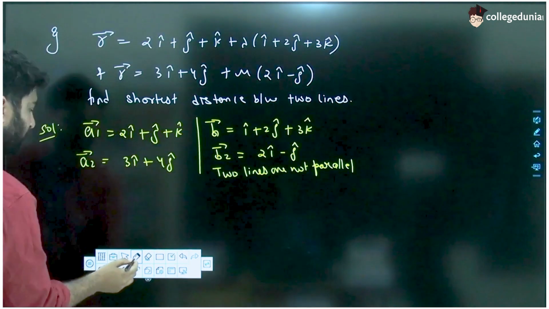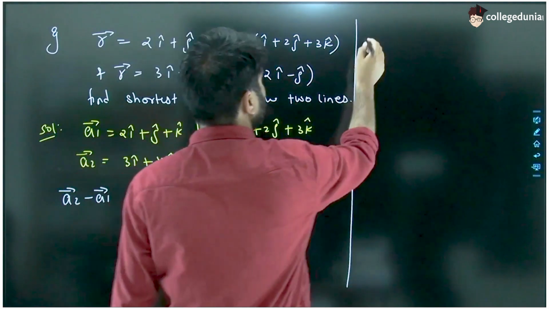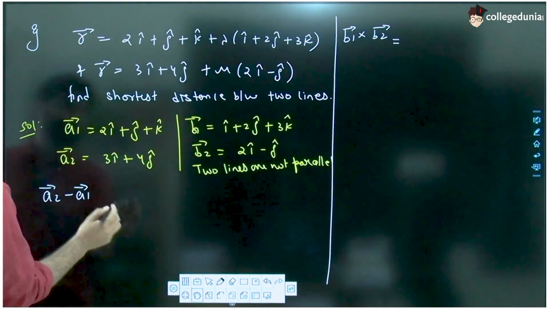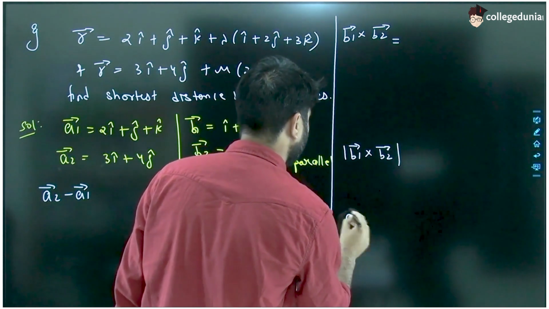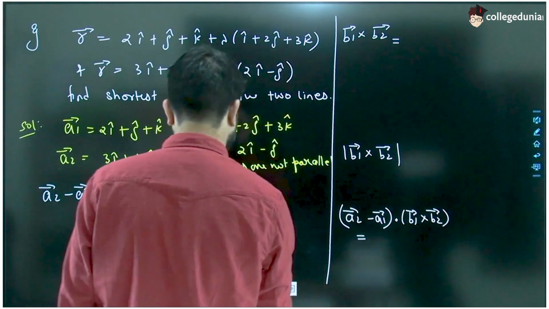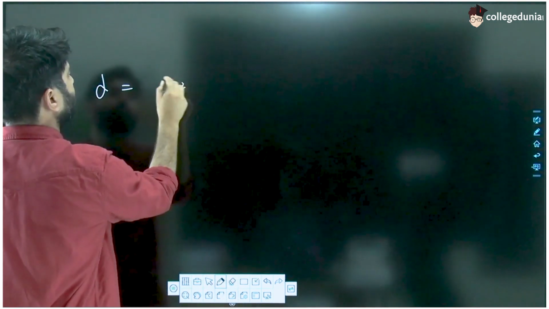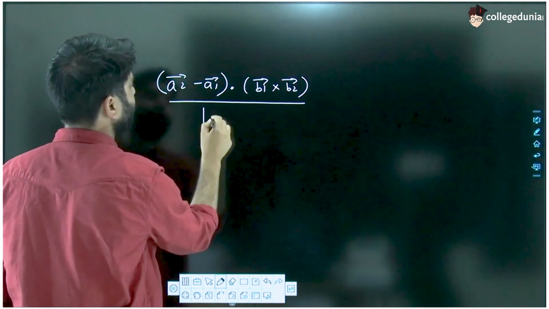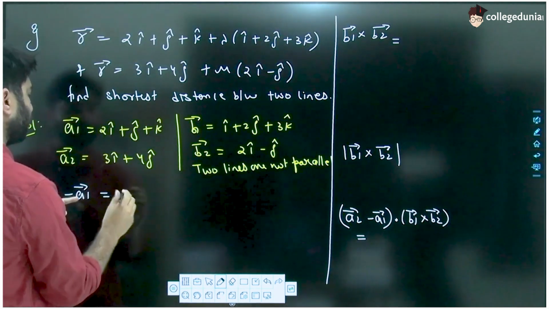So first of all we will find the value of a2 minus a1 vector, then we will find the b1 cross b2 vector, then we need the magnitude of b1 cross b2, and then we will find the dot product of a2 minus a1 with b1 cross b2, and after that we will apply this formula: the distance is equal to a2 minus a1 dot b1 cross b2, and this entire term is divided by the magnitude of b1 cross b2.